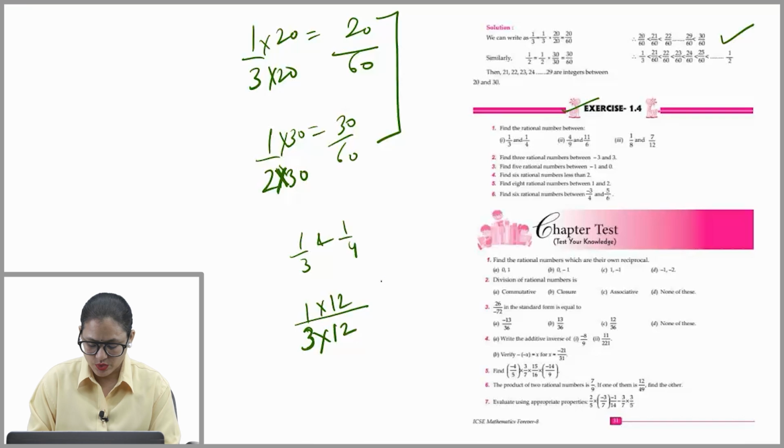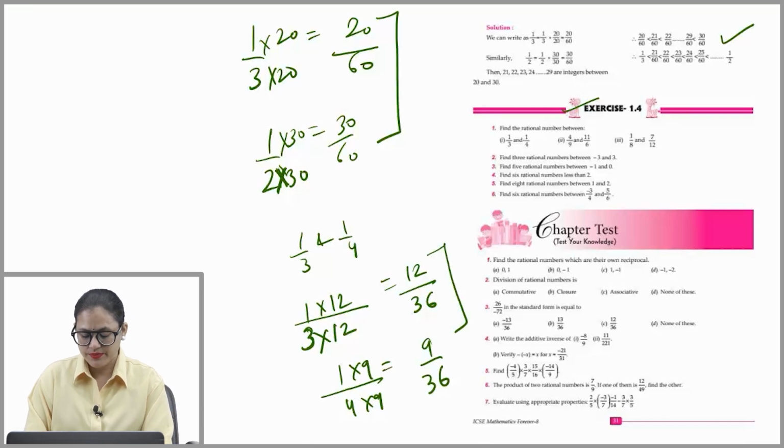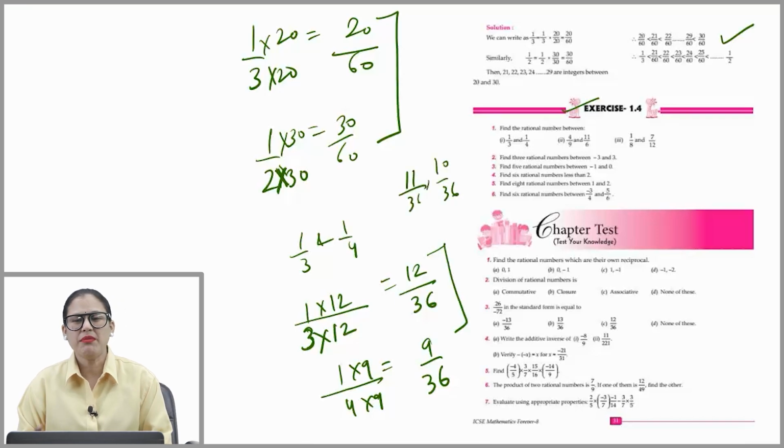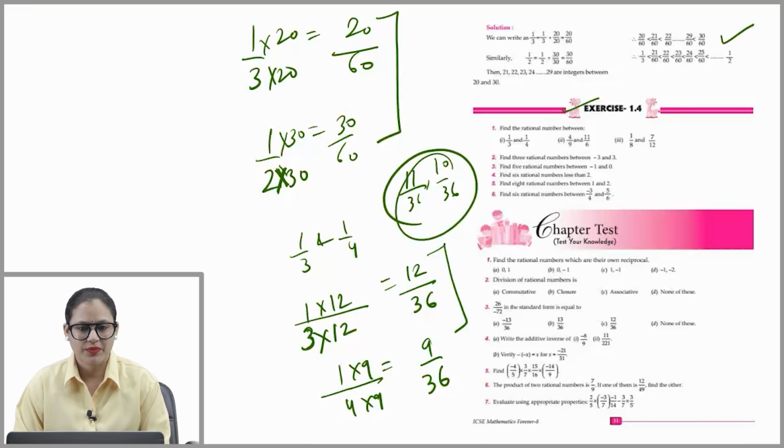So 12 by 36. 1 by 4, 9 by 36. Okay, now how many rational numbers are there? You can write 11 by 36, 10 by 36. Okay, there are infinitely many rational numbers between any two rational numbers. Okay, so here it is not mentioned how many rational numbers I have to find. So you can write any one of them, right?